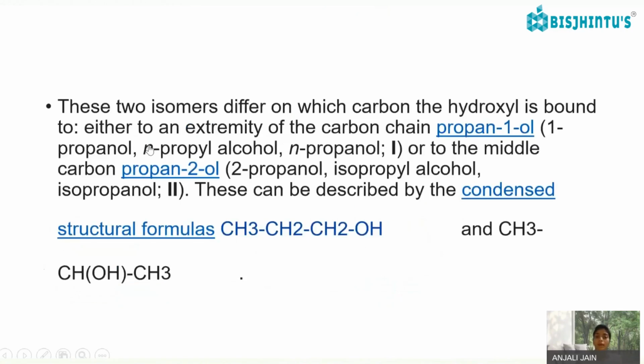The two isomers differ on which carbon the hydroxyl is bound to, either to an extremity of the carbon chain at the first position, which is propan-1-ol, called 1-propanol, n-propyl alcohol, or n-propanol, or to the middle carbon, propan-2-ol or 2-propanol, isopropyl alcohol, or isopropanol. These can be described by the condensed structural formula, which is mentioned over here.